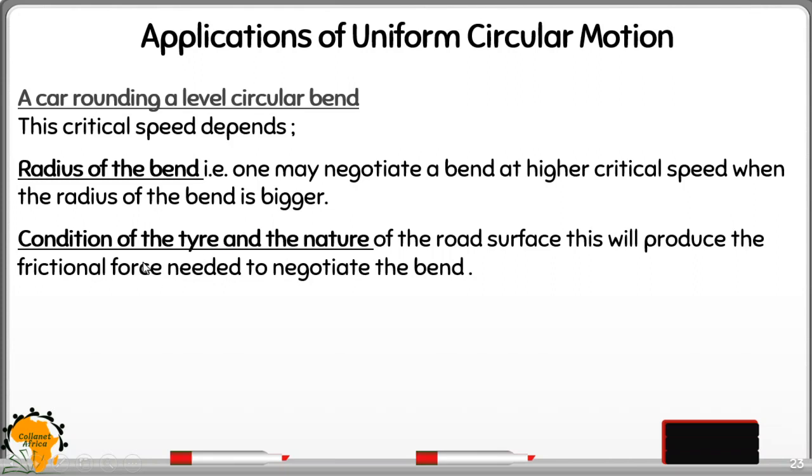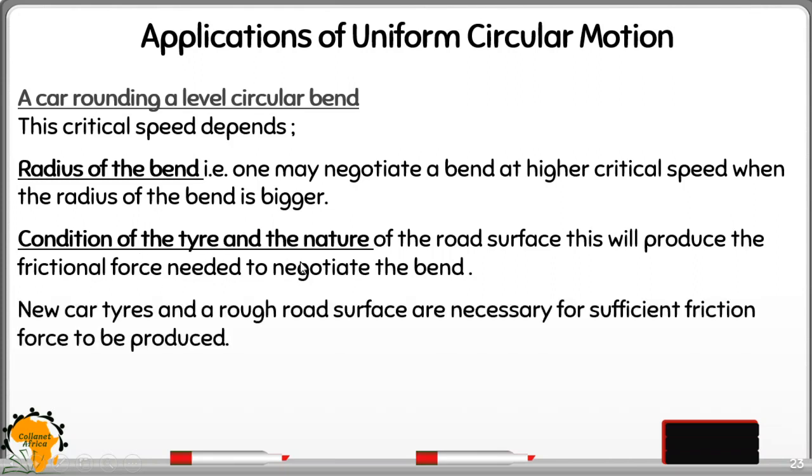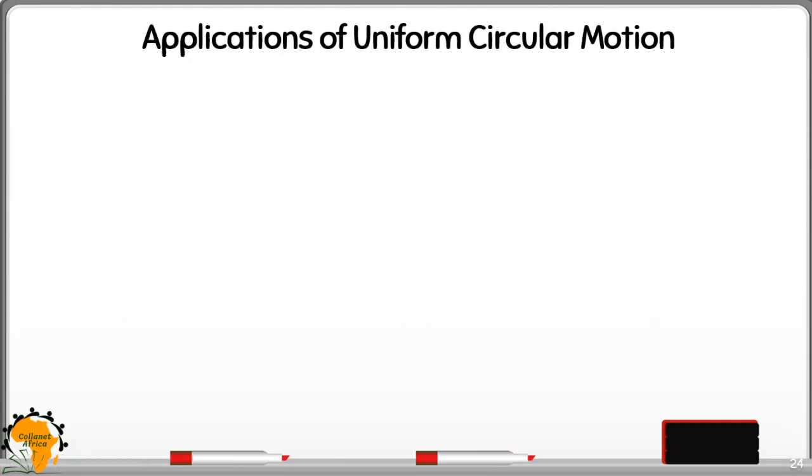The other factor is the condition of the tire and the nature of the road. When you have new car tires and a rough road, these two combined will give us sufficient friction that is necessary for the centripetal force, and therefore skidding is not likely to occur.